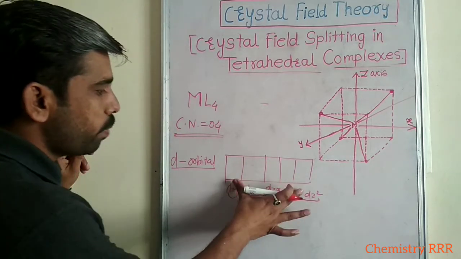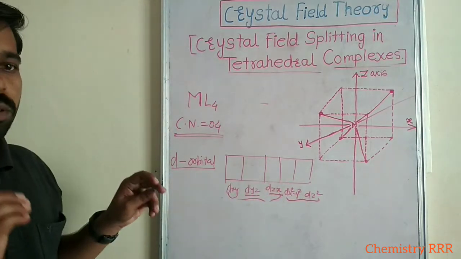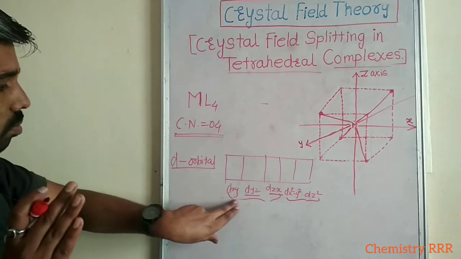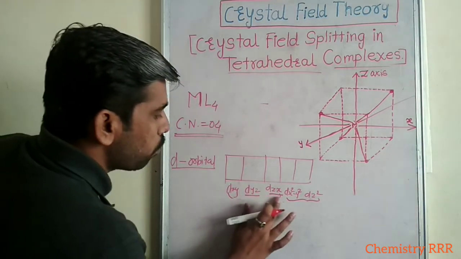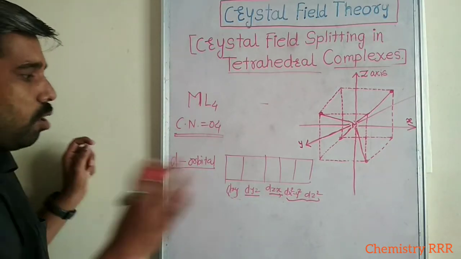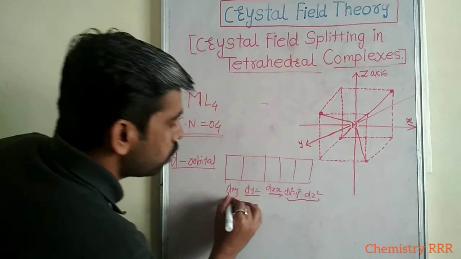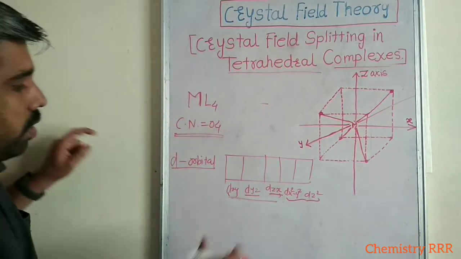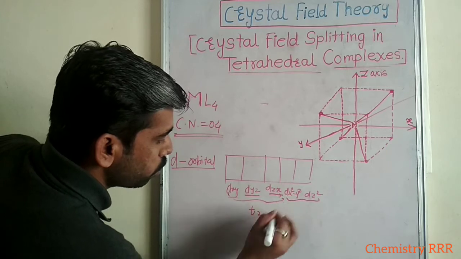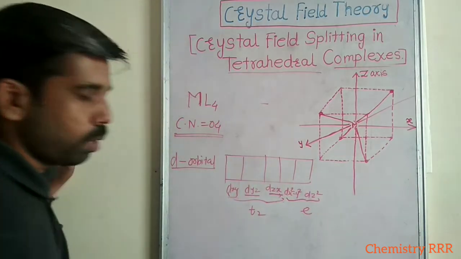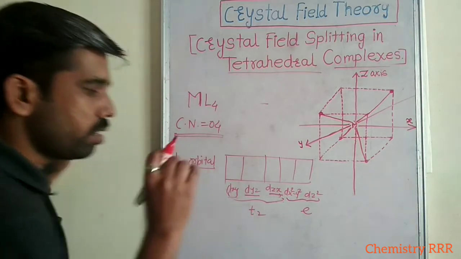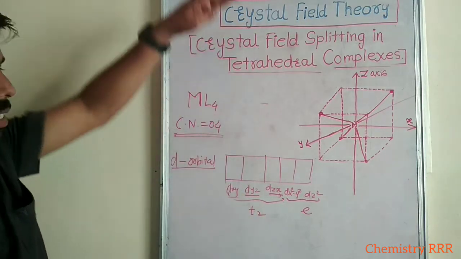Firstly, all these orbitals are at the degenerate level, but when the ligand approaches the metal, there is a splitting of these 5 orbitals into 2 sets, that is T2, these 3 orbitals are called the T2 set, and this is the E set of orbitals, and the energy of the T2 set of orbitals rises.